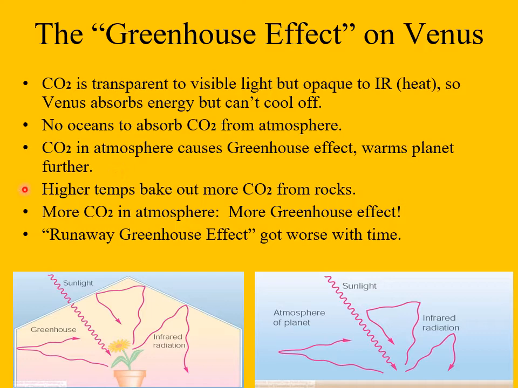And the thing is, here we have an unchecked feedback mechanism. The higher the temperature got on Venus, the more carbon dioxide was baked out of the rocks through outgassing. With more CO2 released from the rocks, that created a greater greenhouse effect, because carbon dioxide creates the greenhouse effect. So over time, this process just ran away. It got worse and worse and worse.